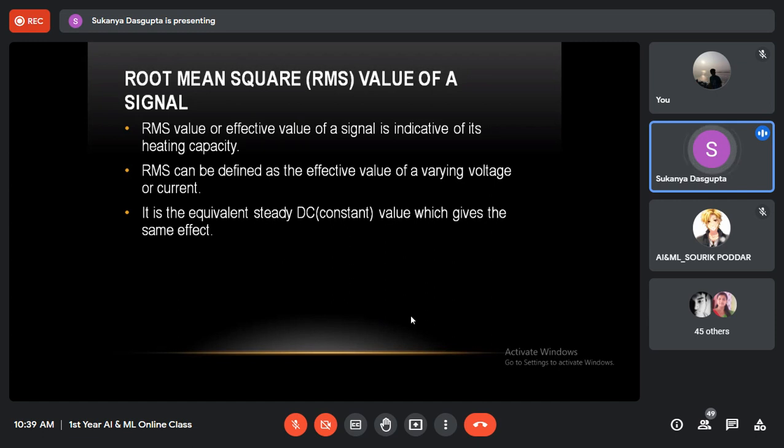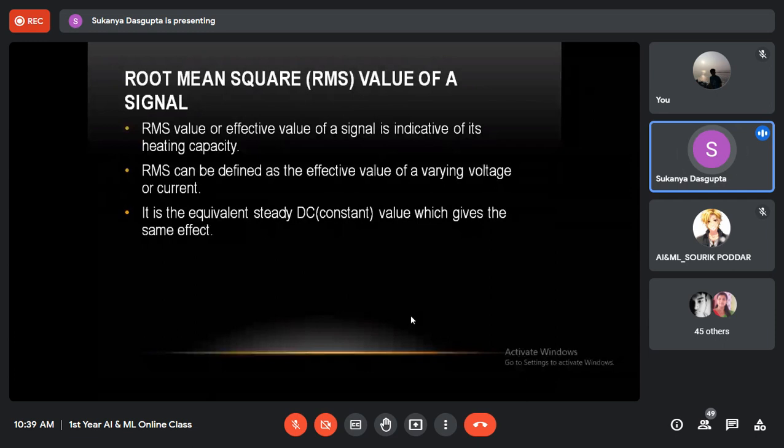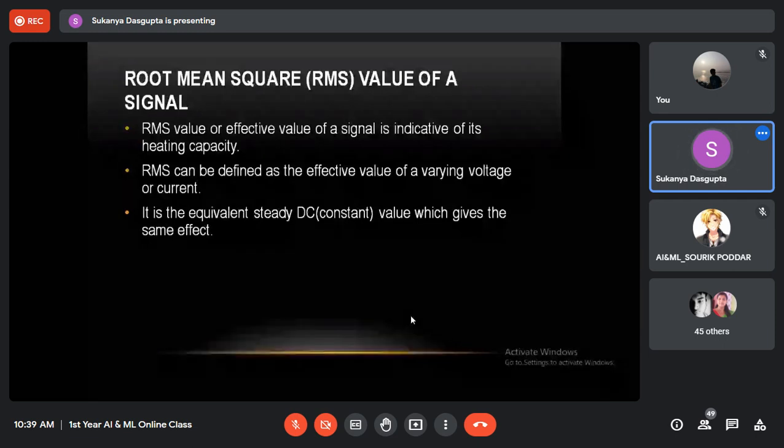What does it mean? The root mean square value of a signal is just equivalent to the steady DC value of the signal which gives the same effect. What type of effect? Heating effect.